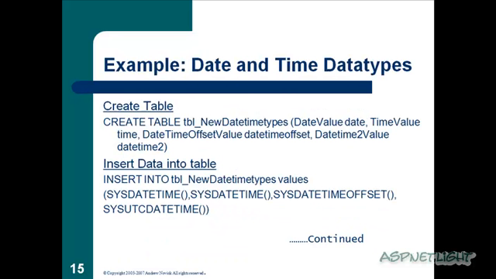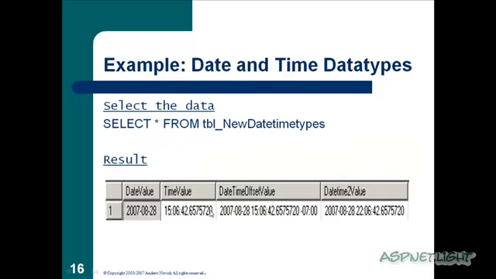Here is a sample: you create the new data types, use them while creating a table, and insert some data. Here the date value uses the system date time functions, and here sysdatetimeoffset inserts the datetimeoffset value, which is the new predefined data type. If you see, the results are like here.